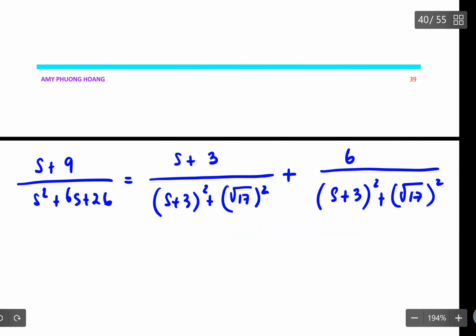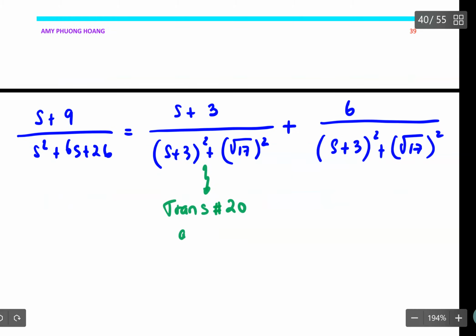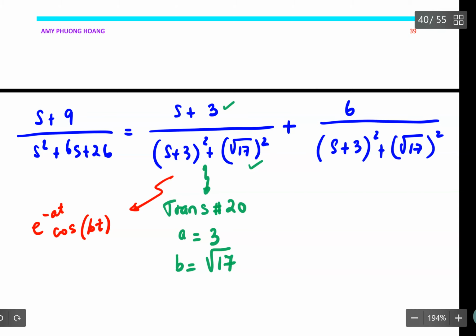And if we apply the transform number 20 for this, I should have a equal to 3, b equal to square root of 17. So I'm okay with that. Then this transform, I should use e to the negative at times cos of b times t as the argument.